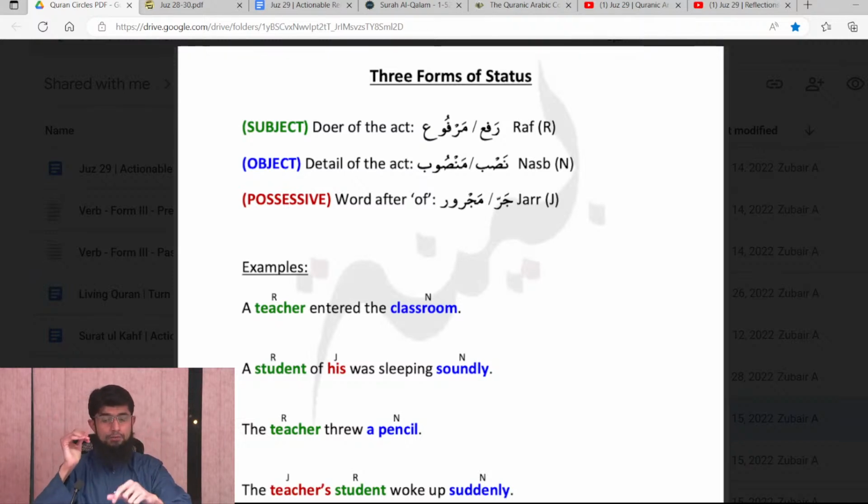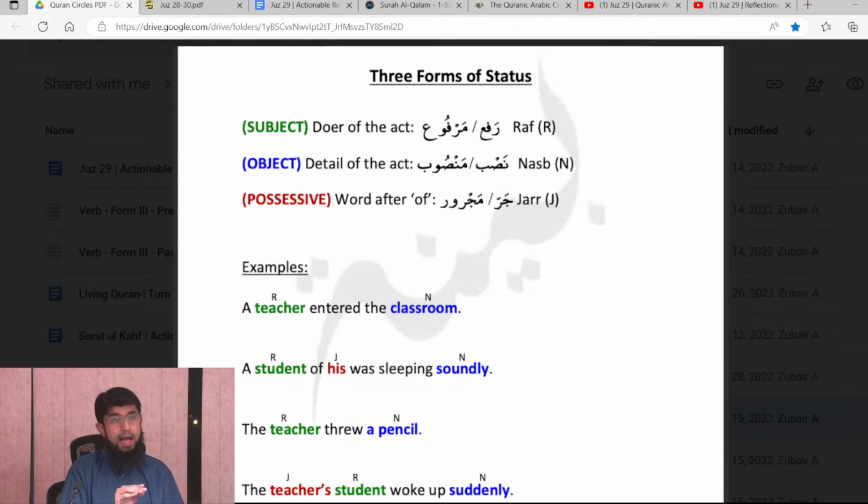So if you're looking at corpus, you would see that written as majrur, or you would see it written as genitive. Now you know the role. Now you say, okay, well, how would you dress that word? Usually you would dress it with a kasra at the end. Usually, right? There are some exceptions, but majrur will be dressed with a kasra.